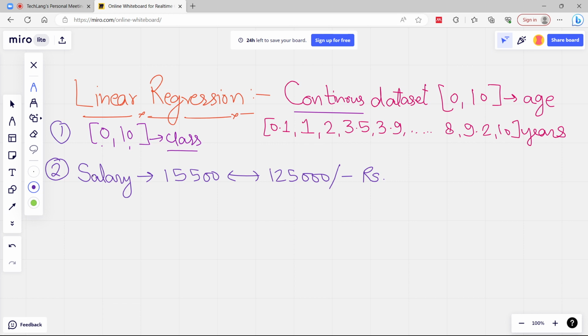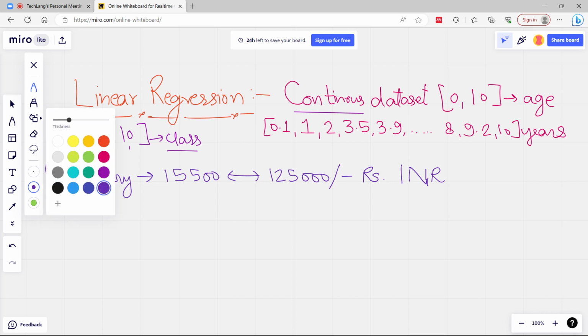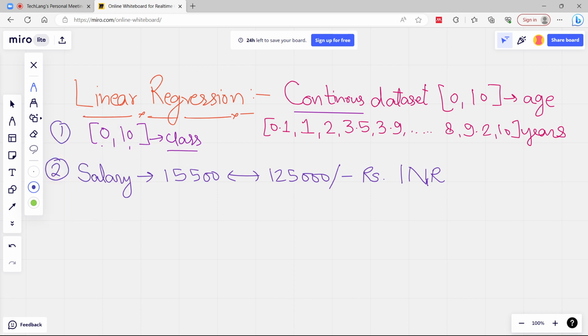This is in INR, Indian rupees. Can you guess? Yes, but your guess might be random, right? It might not be a whole number. It might be something like 16,575 rupees and paisa.